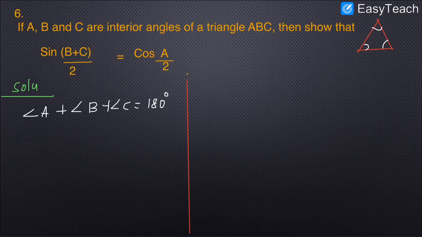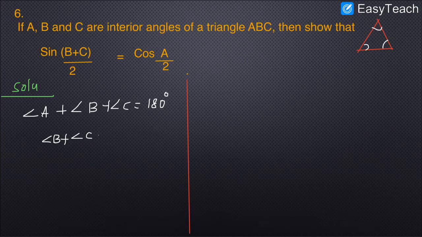Actually I am going to keep the 180 on the same side. I don't want to bring it to the other side. So angle B plus angle C equal 180 minus angle A. So next step, I'm going to divide both sides by 2.